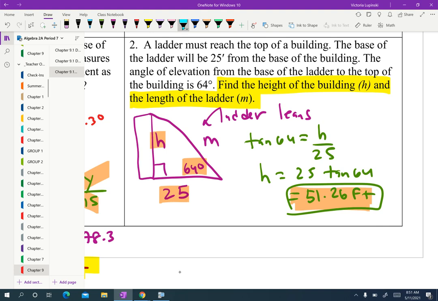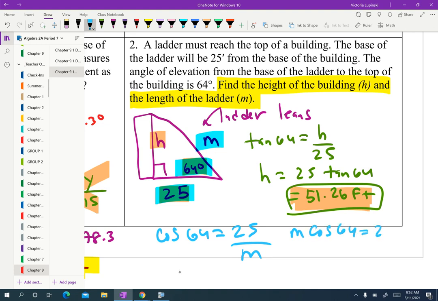So to find the length of the ladder, you're going to use the original data plus the M. So now that you've added the M into the mix, that is the adjacent and the hypotenuse, which means this is a cosine situation. So you're going to say that the cosine of 64 is equal to 25 over M. When you cross multiply, you're going to get M times the cosine of 64 equals 25, which means you're going to have to divide.